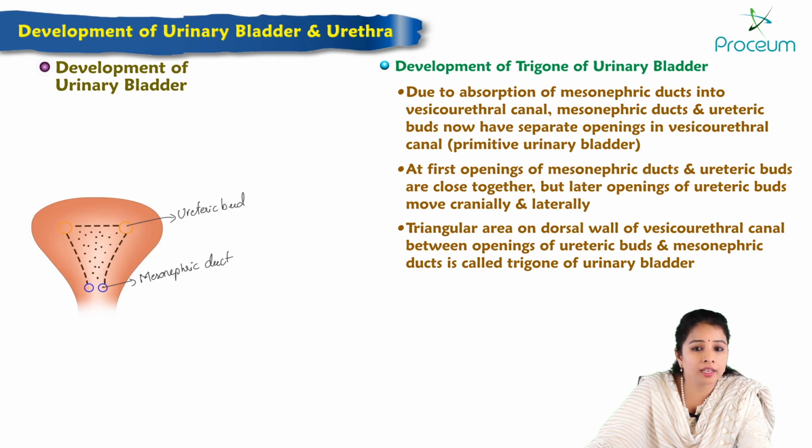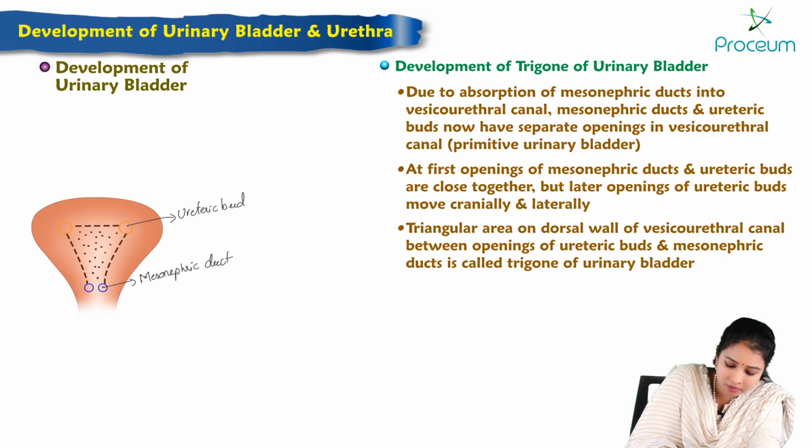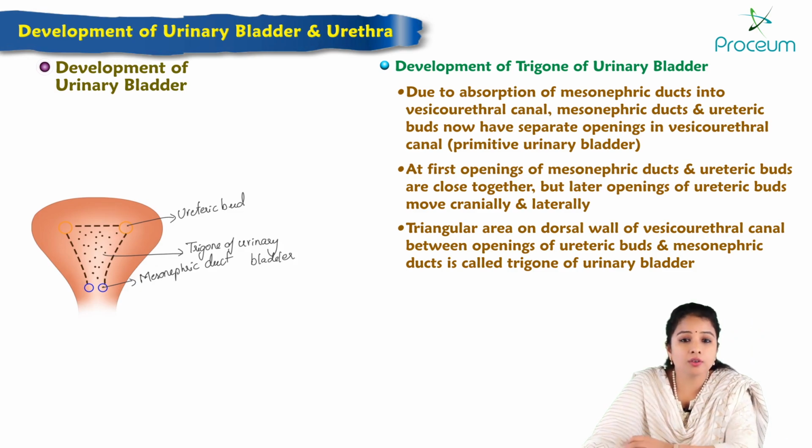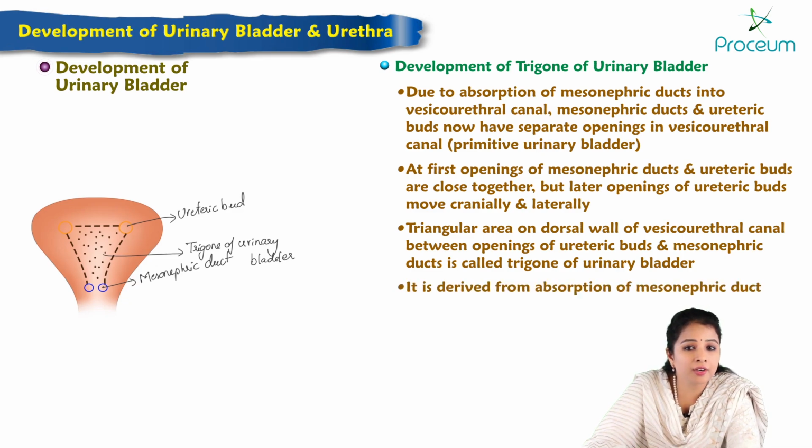This triangular area is called the trigone of the urinary bladder. Whatever is shown in the dotted part is the trigone. This trigone is derived from the absorption of mesonephric ducts.